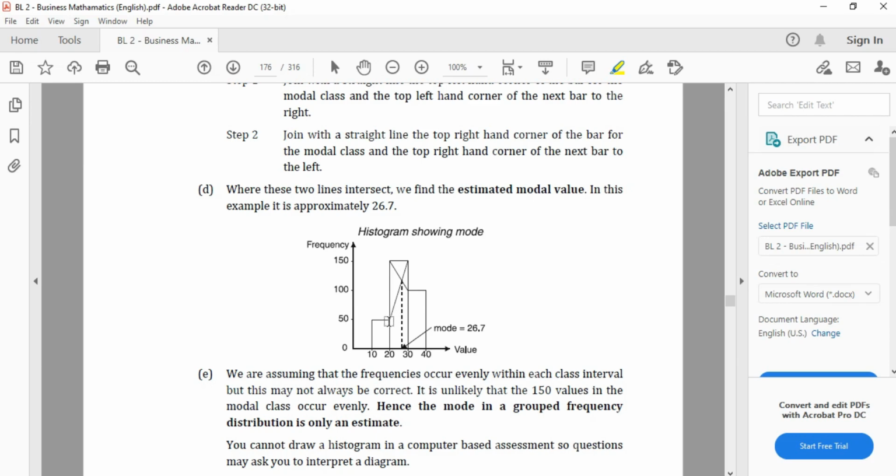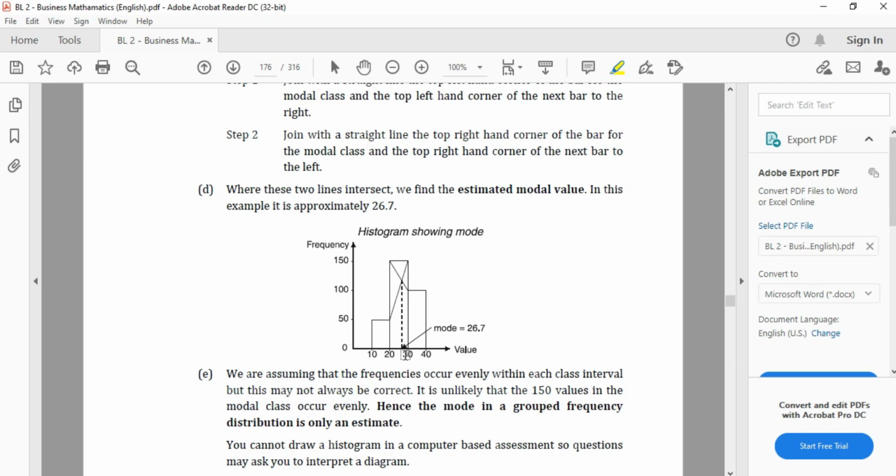Up to there, draw a line. Then from the other side, look at where I am pointing. From there onwards, draw a line connecting to the point which connects with the other bar. Then the intersection of those two lines is the mode value.